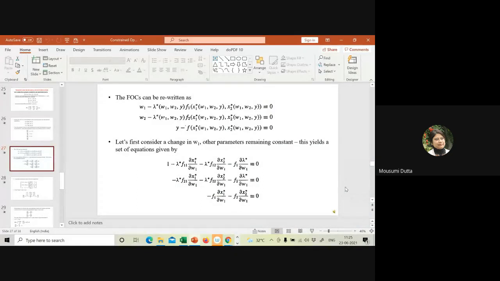Okay, very good. And others who are doing these things, got all three equations? Is it complete? Yes, ma'am. Very good. Once you complete this, please, using Cramer's rule, solve for del x1 star by del w1 first, then del x2 star by del w1, and then del lambda star by del w1.